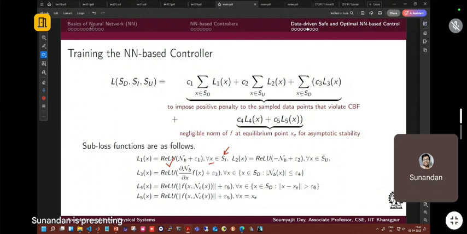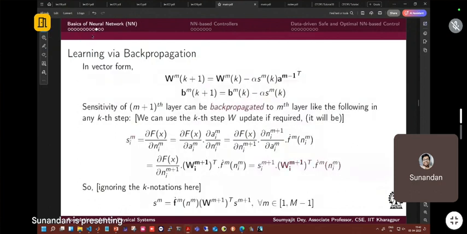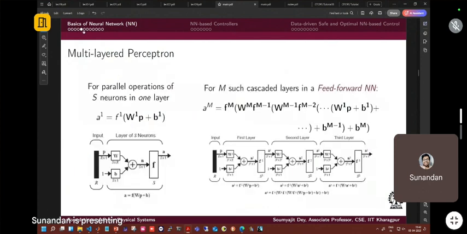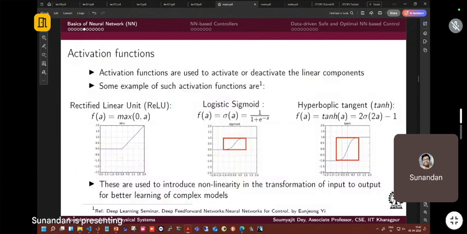Try to remember that. It considers all the positive values with a slope, and it suppresses all the negative values.